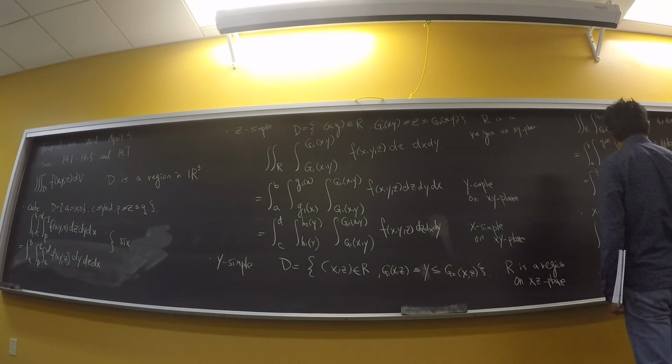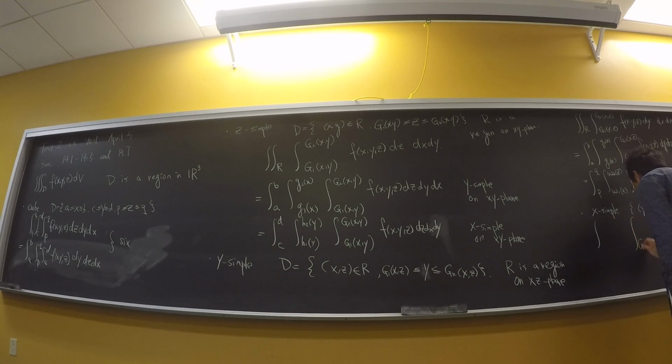So if it is x simple, I need d1 of yz, d2 of yz, f of x, y, z, dx in the very interior. And then if I want dz next, it means I'm identifying the double integral involving y and z as a z simple region.